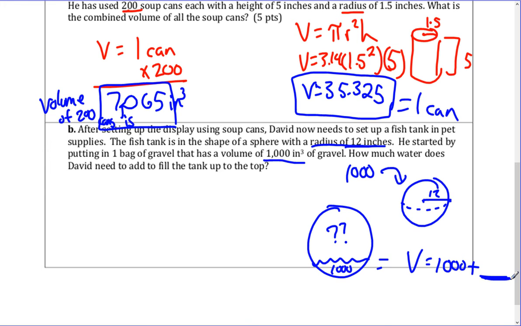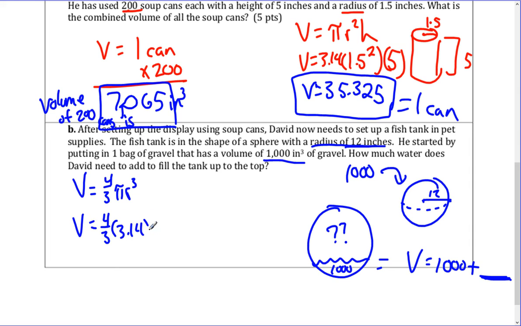All right, so volume of a sphere, V equals 4/3 pi r cubed. 4/3 times 3.14 times the radius, which it said was 12, cubed.